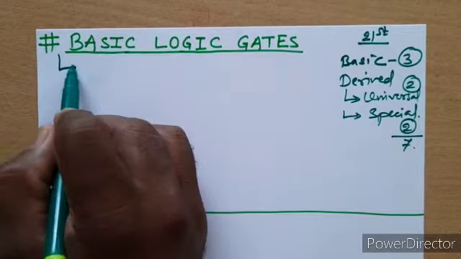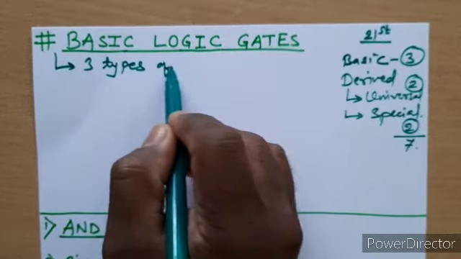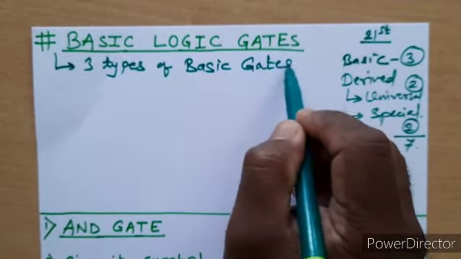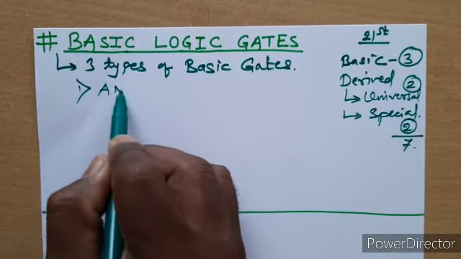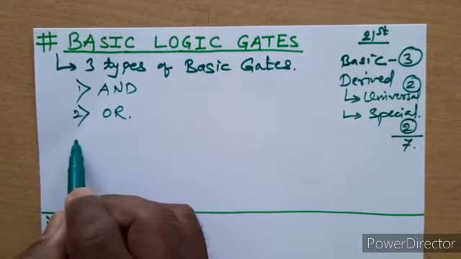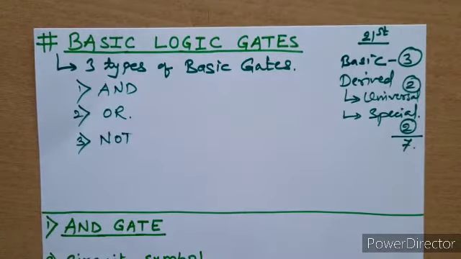As I said, we have 3 types of basic gates. So let me name that. First is AND gate, second is OR gate, and third is NOT gate.